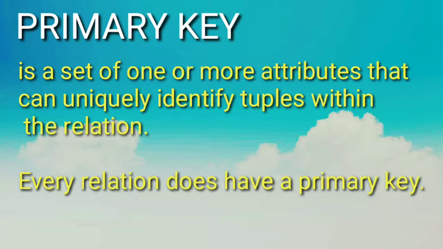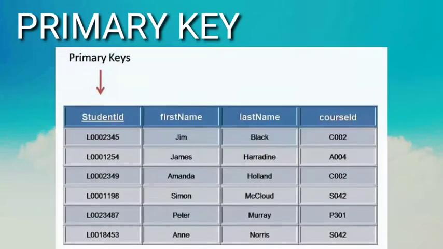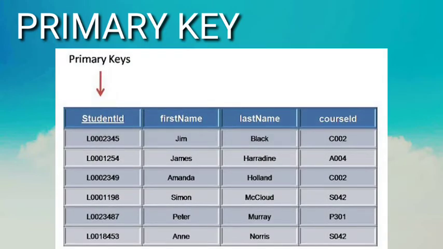So here you can see an example. The table given contains the record of the student: their ID, first name, last name and course ID. You can see here that the student ID is a particular field, column, attribute which is containing the unique records. So that is why we can make this field a primary key, because it uniquely identifies each row.